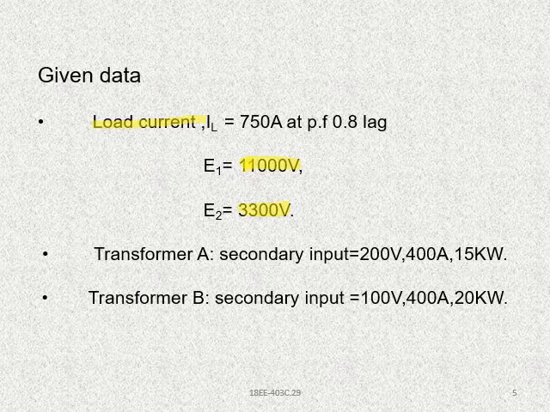Transformer B has 100 volts, 400 amps, 20 kilowatts.